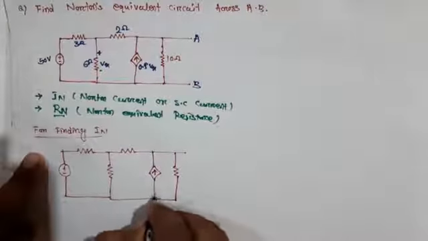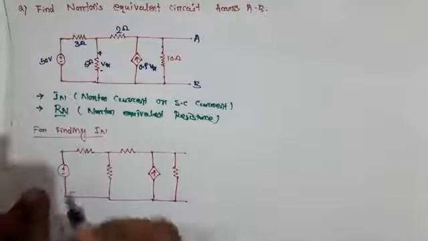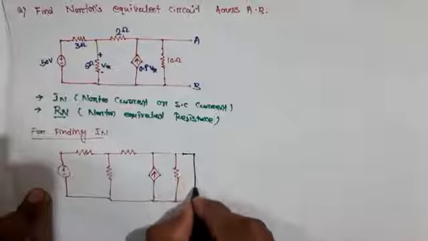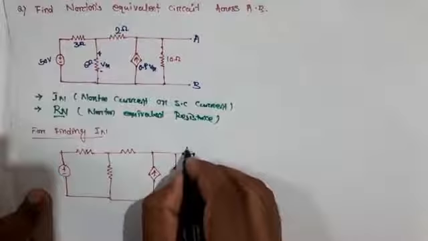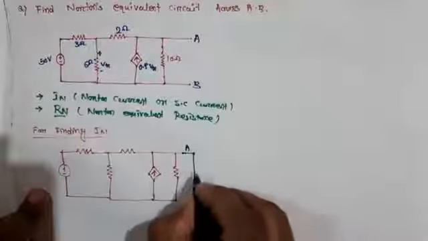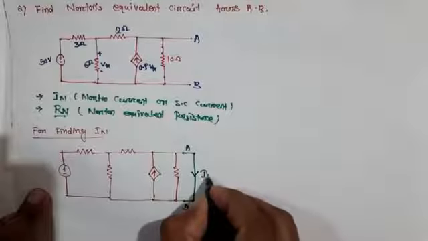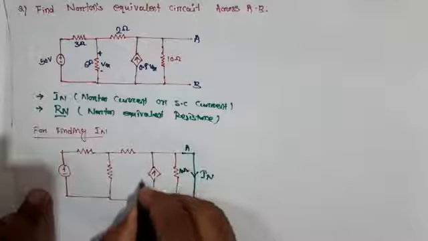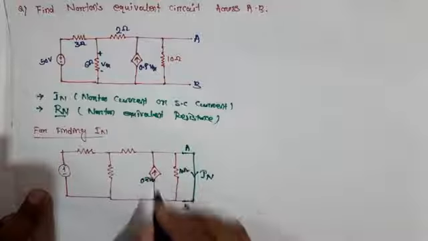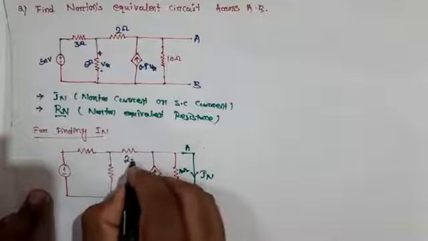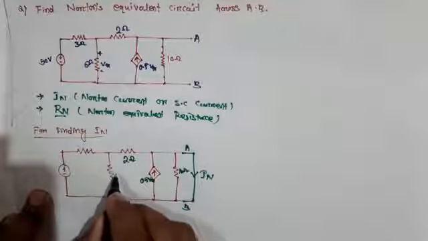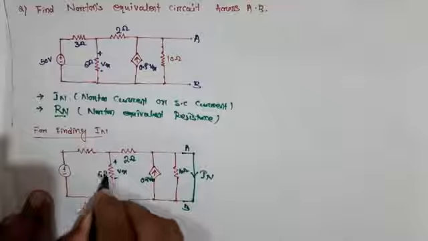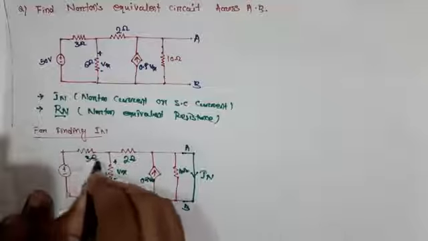We short circuit this AB branch, and we need to find IN here. This is 10 ohm, and this is 0.5 Vx. This is 2 ohm, this is plus or minus Vx, this is 6 ohm, and this is 3 ohm.